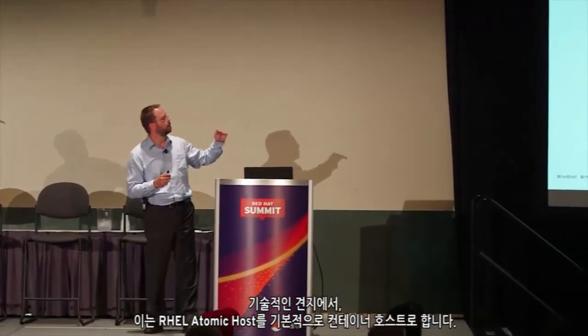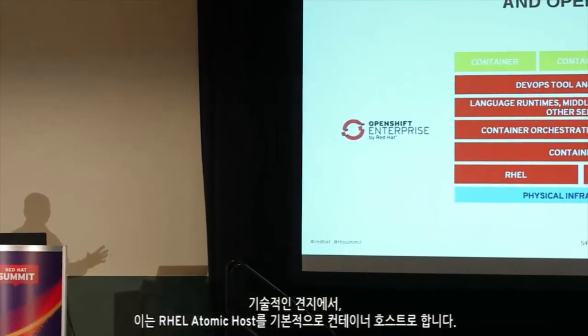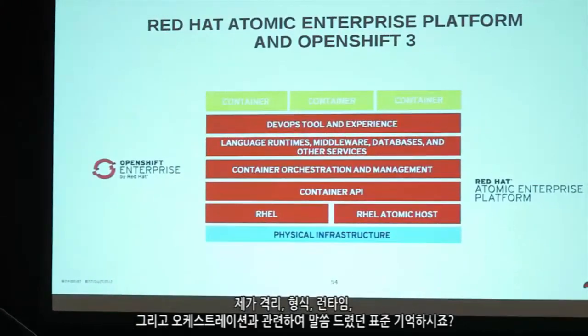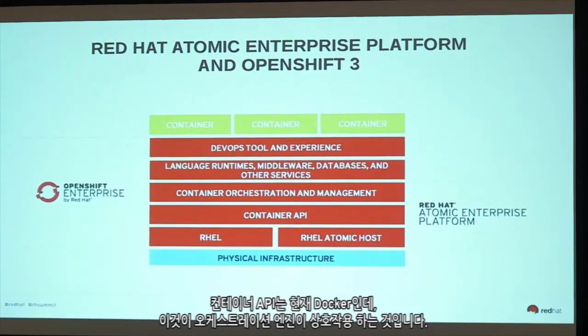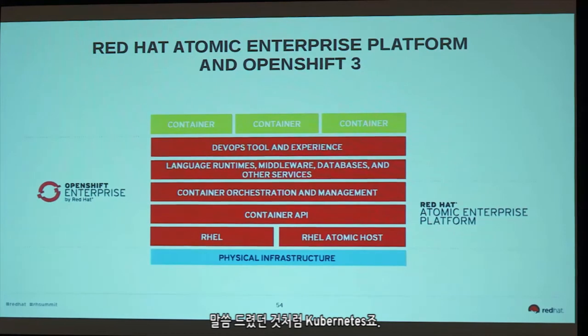From a technology standpoint, it comes down to RHEL Atomic Host as the container host. Remember the standards I talked about: isolation, format, runtime, orchestration. The container API is Docker today, and this is what the orchestration engine interfaces with, which is Kubernetes, as I talked about.